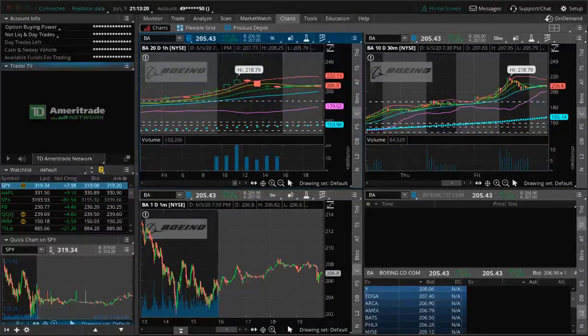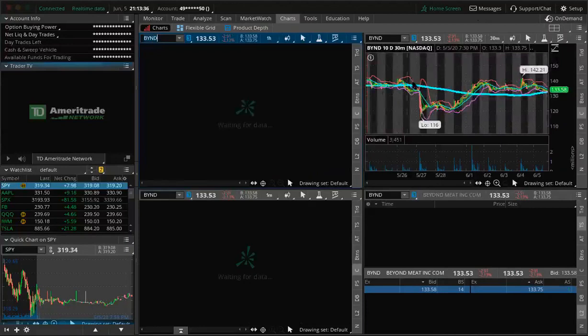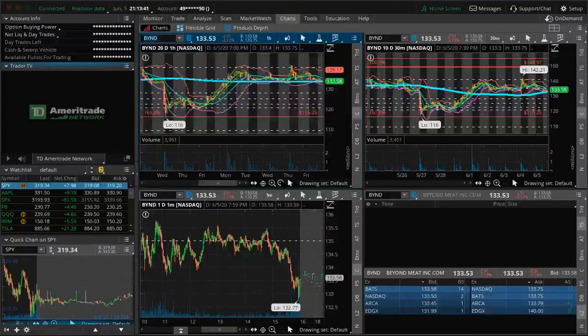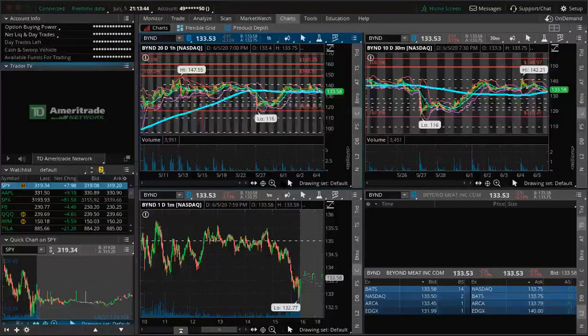Okay, so do I use Fibonacci? I've used Fibonacci maybe once or twice. I don't really use Fibonaccis. The first time I used Fibonacci, I'll pull this up for you, the first and the last time, I can say, was on Beyond Meat, which was also the first ticker that I actually tried out selling premiums on. So this was back when the ticker first launched as an IPO, right?